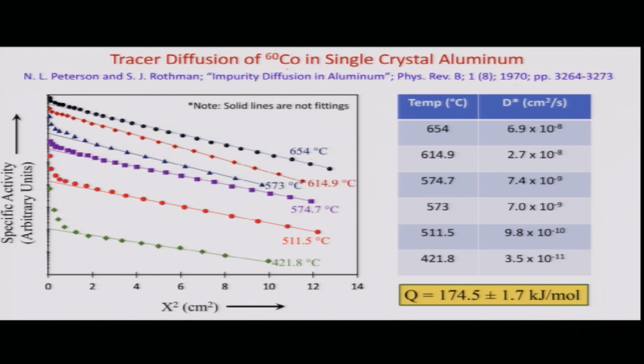Now, I would also like to present a very recent report on tracer diffusion experiments. This is from the work of Vaidya and group. They determined the tracer diffusion coefficients of all the constituent elements in the quaternary cobalt chrome iron nickel and quinary cobalt chrome iron manganese nickel alloys at the equimolar concentrations.